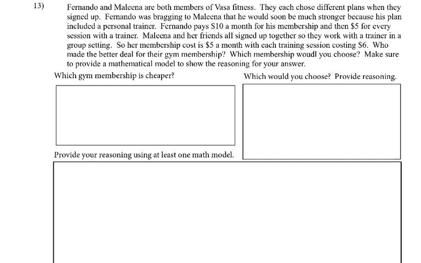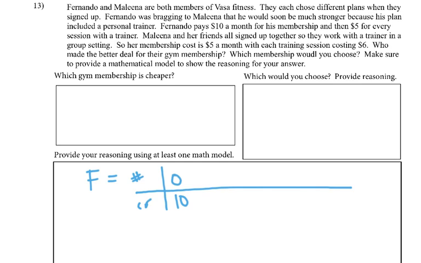Now, let's think about this. What I would like to do is make some sort of table. I think that's an easy way. You could also graph it. You could also create an equation, right? For Fernando, his membership, if he doesn't meet with his trainer at all, he still paid $10, right? So number of times with trainer, cost.